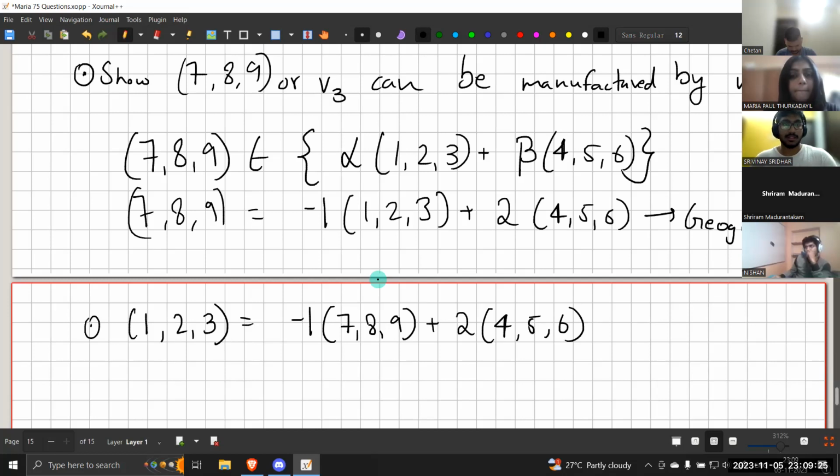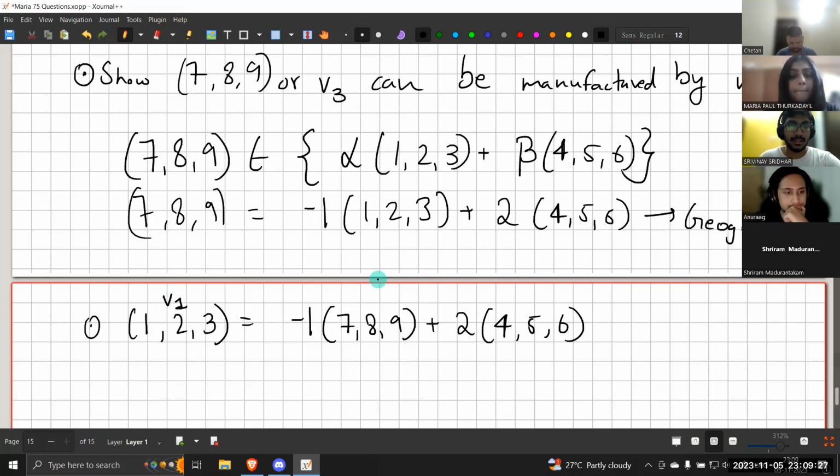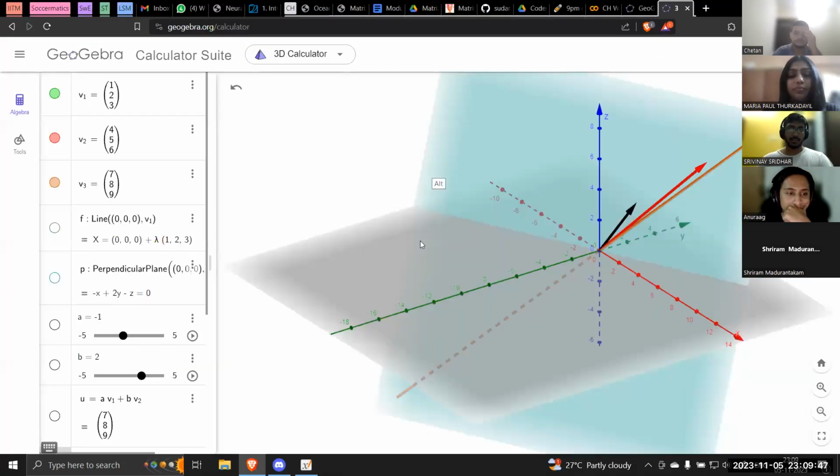Right? This is V1. This is V3. Maybe I'll write it in colors as well. And this is V2. This is green. This is orange. This is red. This is what we saw over here as well.